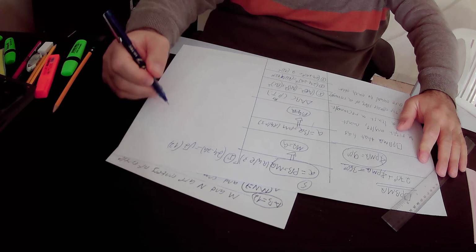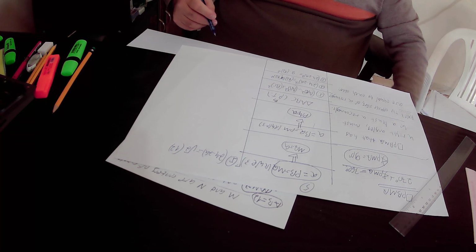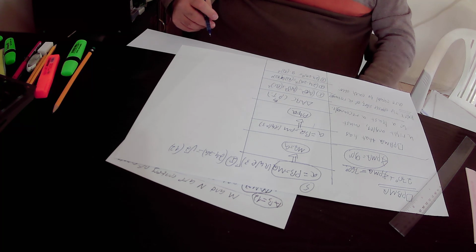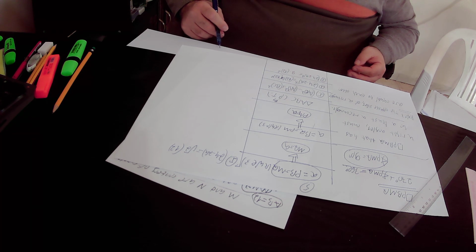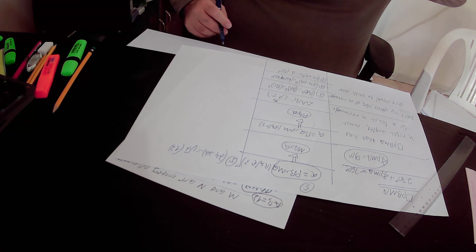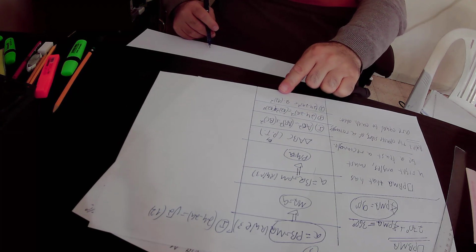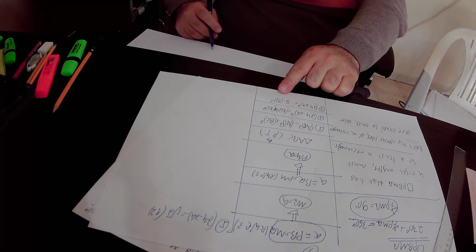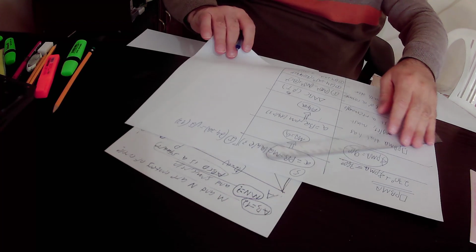Why 12? Because the square root of 12 squared is 12, because the root cancels the square and we are left only with 12. Okay?